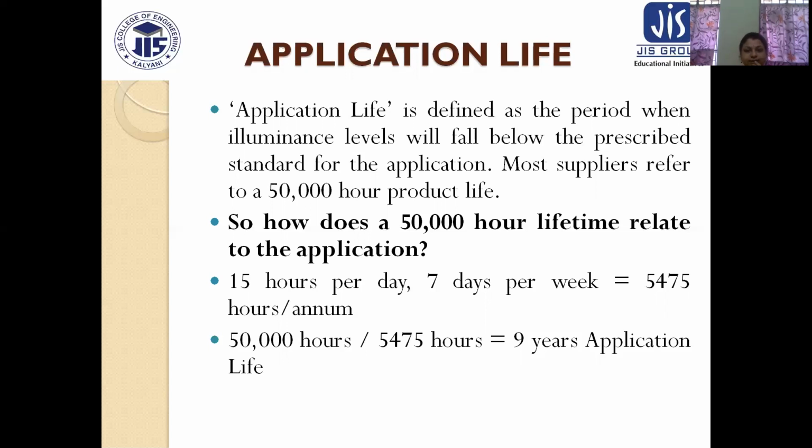Say 15 hours per day, 7 days per week. That is equal to how many hours? 5475 hours per annum. So 50,000 hours divided by 5475 hours equals about 9 years application life. Clear?